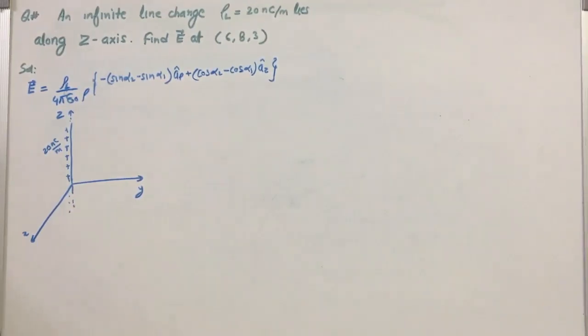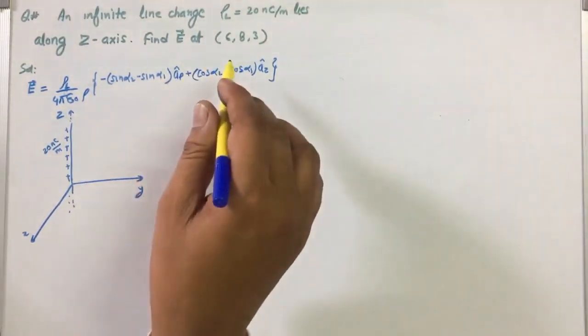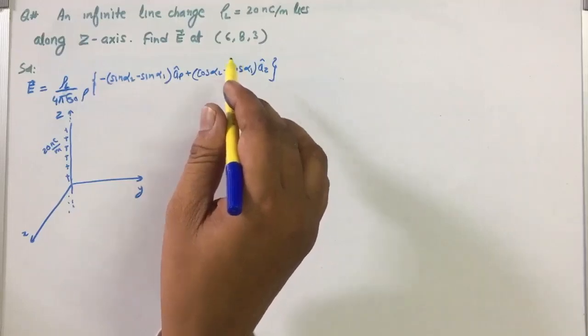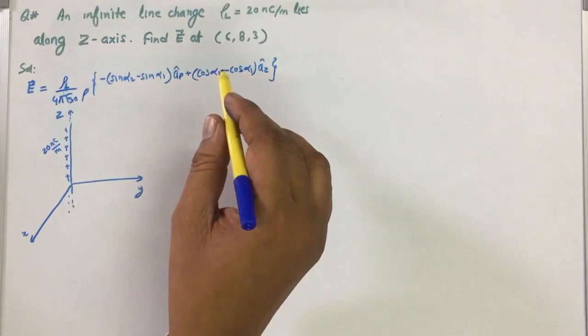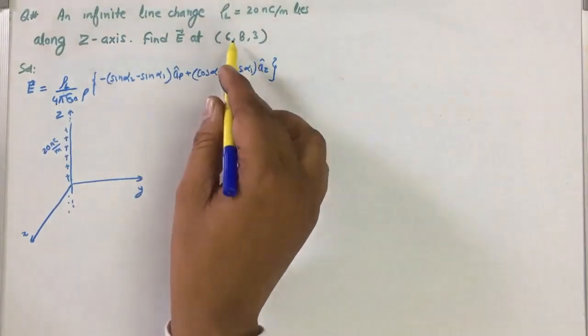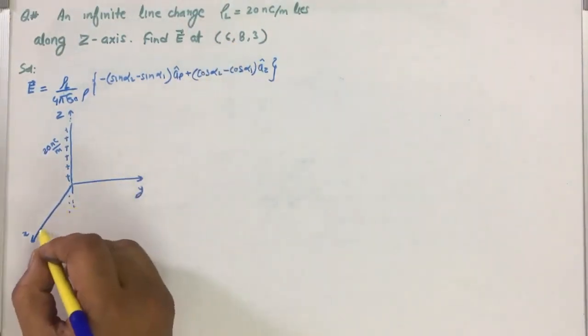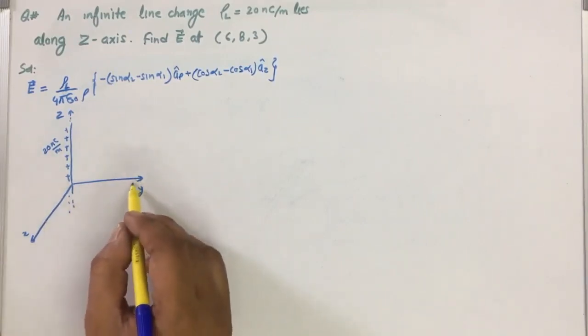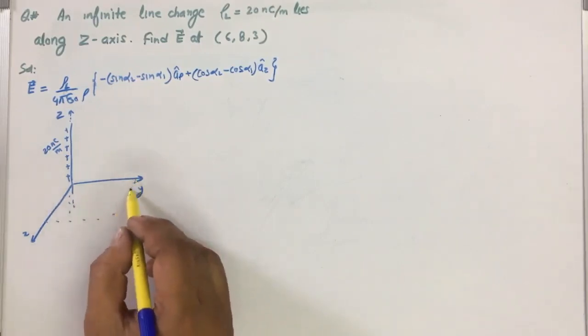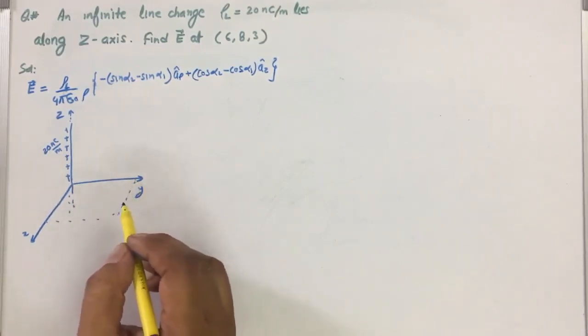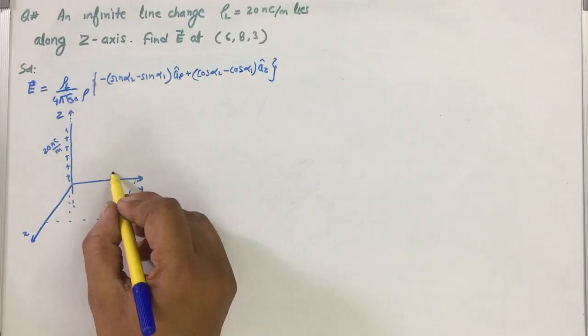Now let us locate the point at which we are interested to find the electric field intensity. The point is 6 in the direction of x, 8 in the direction of y, and in the direction of z it is 3.